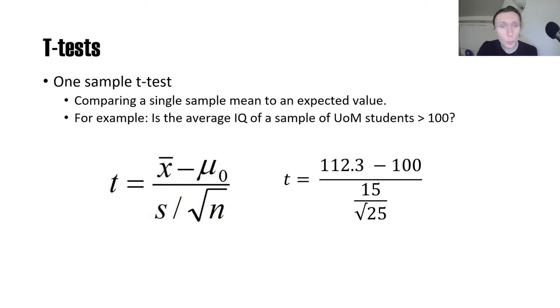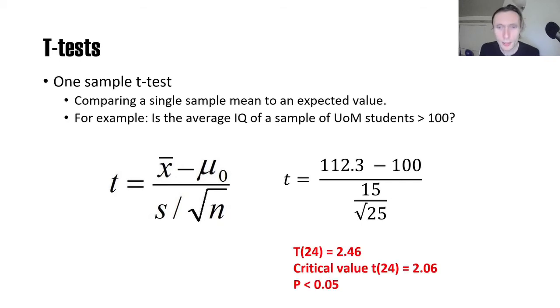Then you plug this into your formula: 112.3 minus 100 is 12.3, divided by 15 divided by the square root of 25, which is 5. So it's 12.3 divided by 5, and then you get a t-score of 2.46.